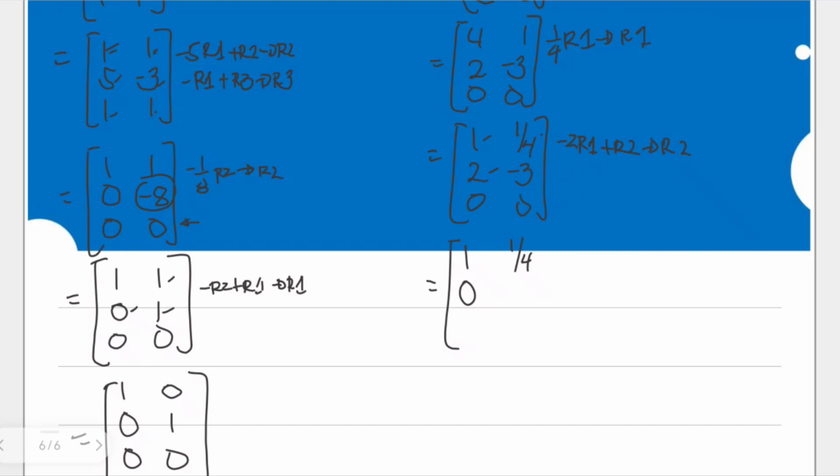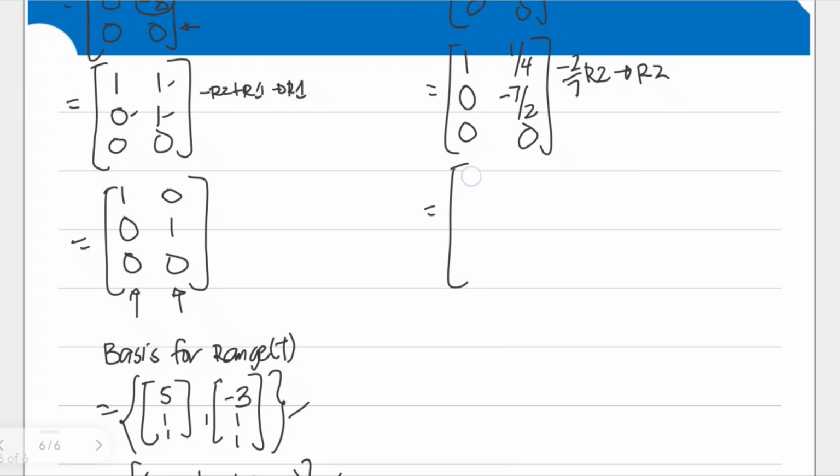Negative 1/2 plus negative 3, which is negative 6/2, gives negative 7/2. Then 0, 0. No need to worry about the fraction because we're going to make this a leading 1. We'll have negative 2/7 of row 2 for a new row 2. So you have here 1, still 1/4, 0. The negative 7/2 will become 1, 0, 0.